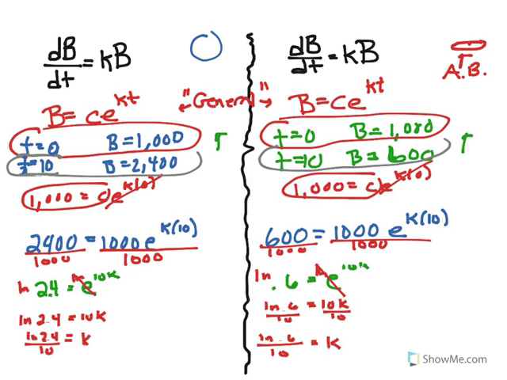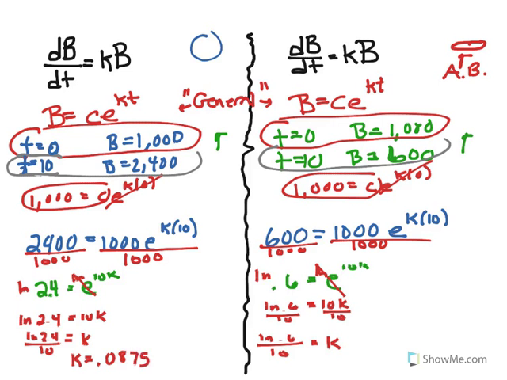And now I'll do that in the calculator. A lot of times they don't even ask you to solve it out, but I'm going to do this. ln of 2.4, enter, divided by 10, and I got k is equal to 0.0875.